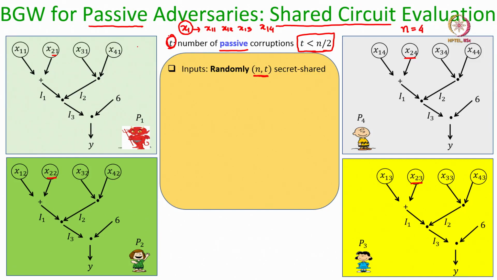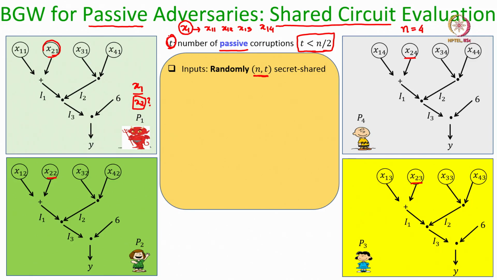That means, for instance, if P1 gets corrupt, then of course P1 will know X1 because X1 is the input of P1. So, it will know its own input, but it will not know X2, because for X2 it will only learn this share X sub 2 1, and the probability distribution of X sub 2 1 will be independent of the exact value of X2.